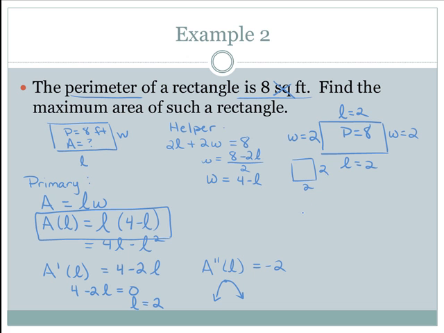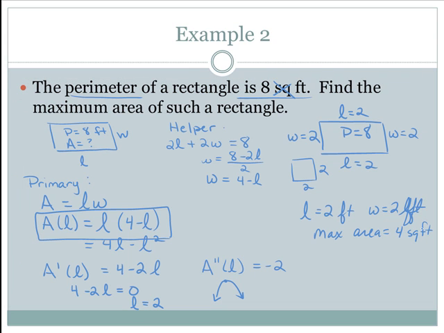Well, the length would be 2 feet. The width would be 2 feet. The maximum area would be 4 square feet. Because it is concave down.